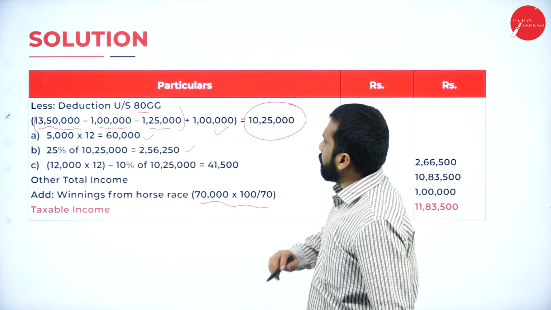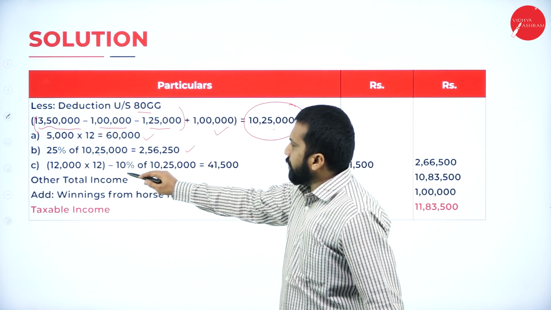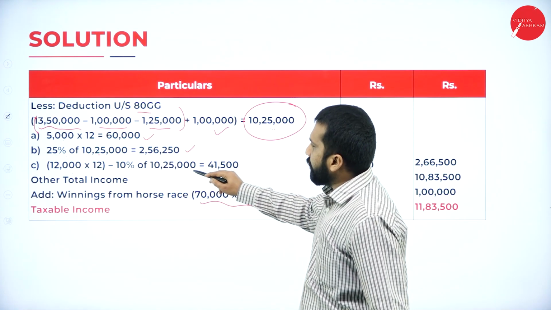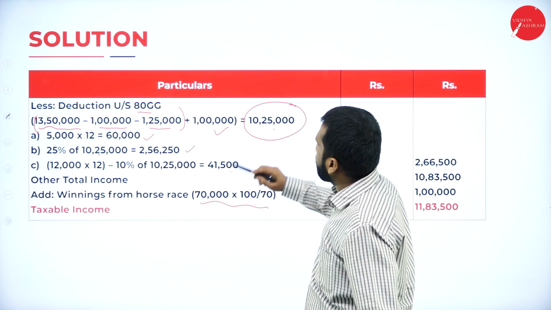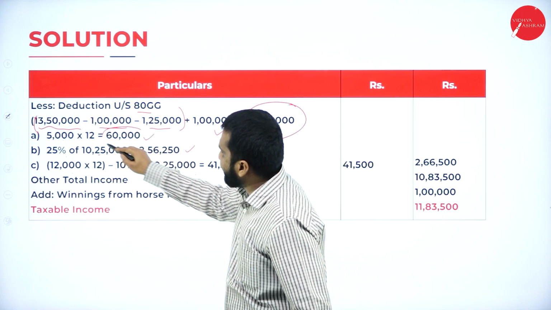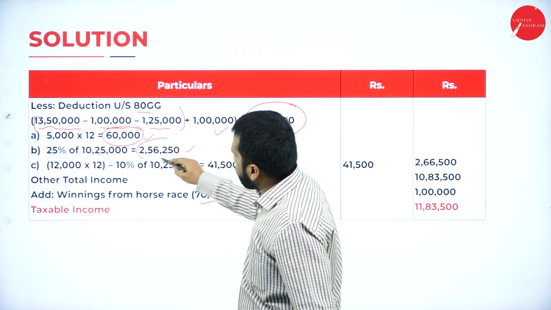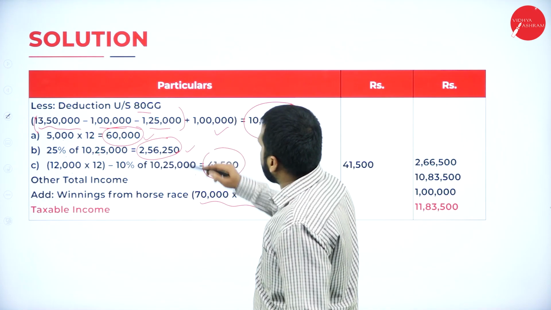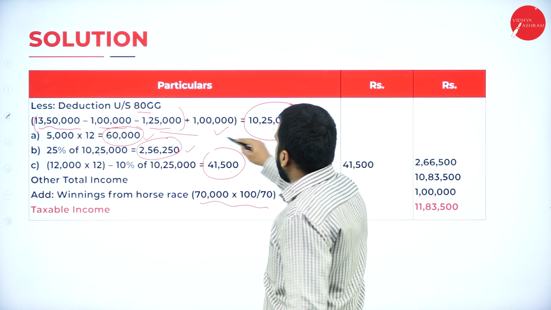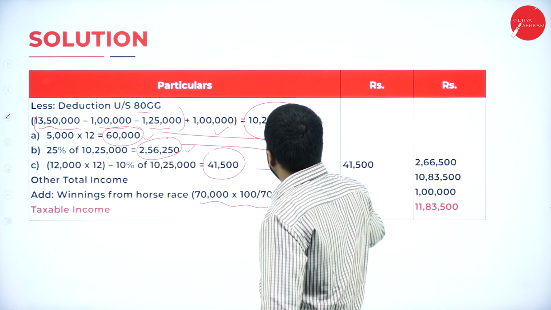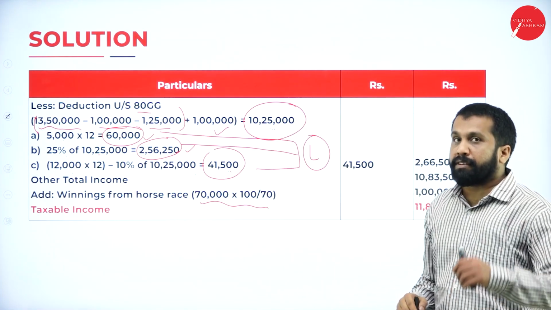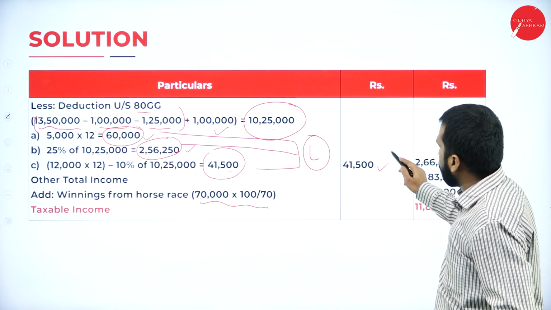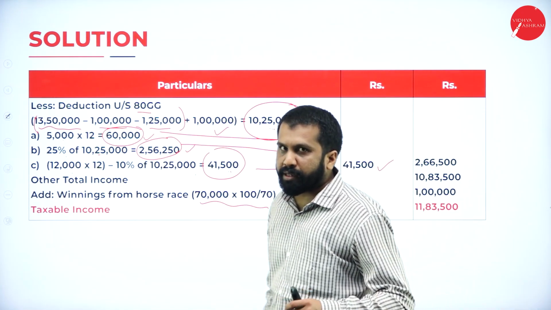So it will be 12,000 into 12 minus 10% of your adjusted gross total income, which is 41,500. Now you have, first one is 60,000. Second one 2 lakh 56,000. Third one 41,500. Whichever is less. In this, 41,500 is less. So go for 41,500. Hope you are clear.